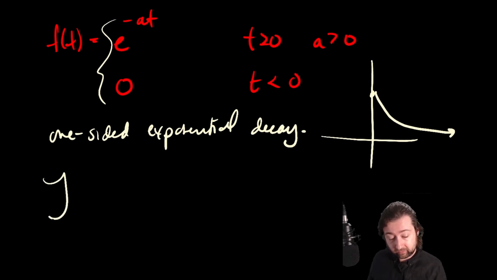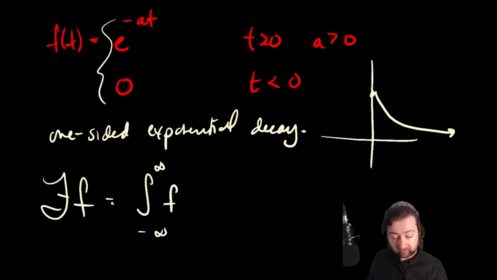And so if I'm going to try to compute its spectrum, I have to use the Fourier transform. So let's look at the Fourier transform of f. By definition, it is the integral from minus infinity to infinity of f times e to the minus 2 pi i st dt.